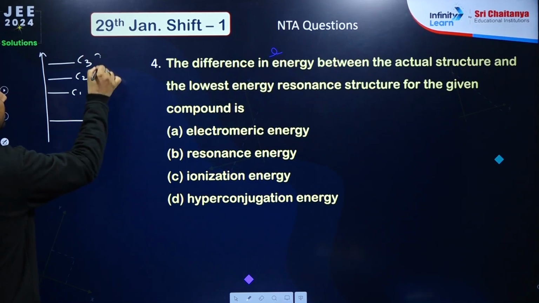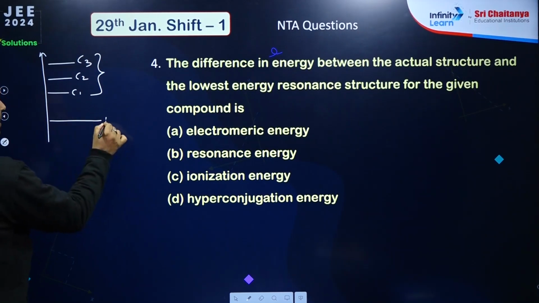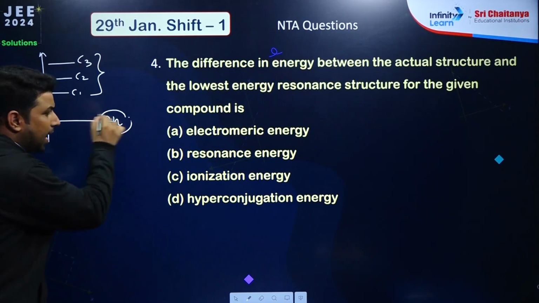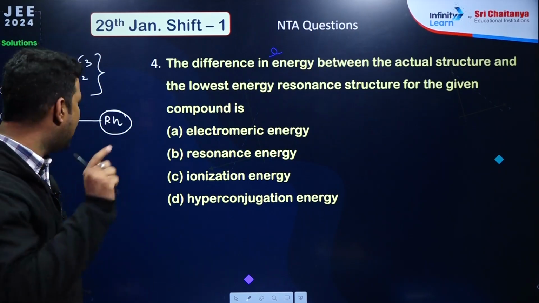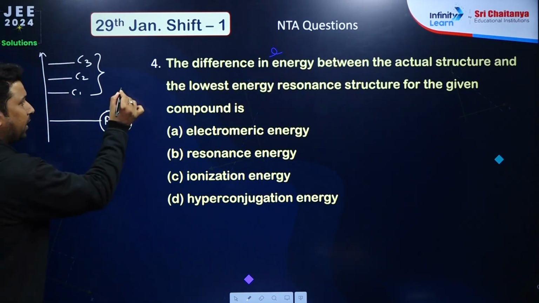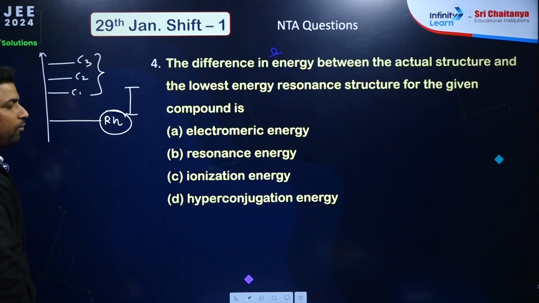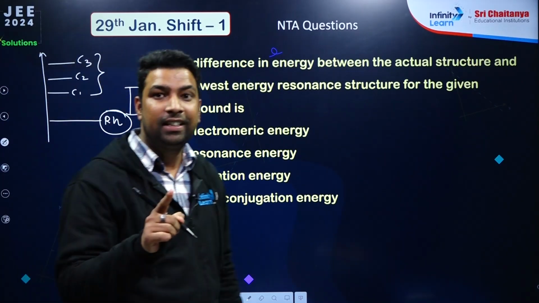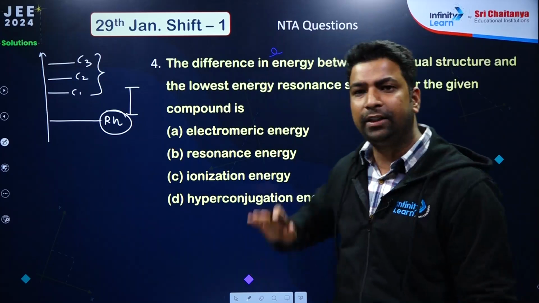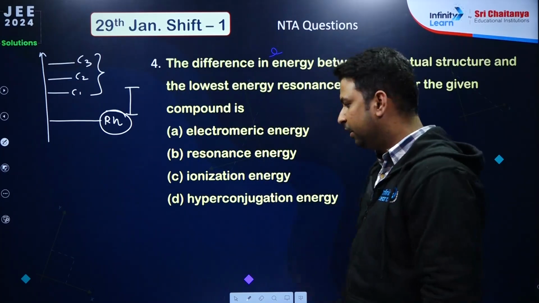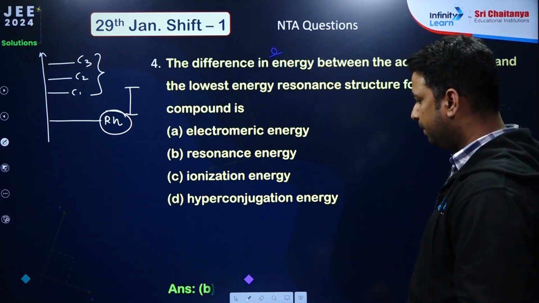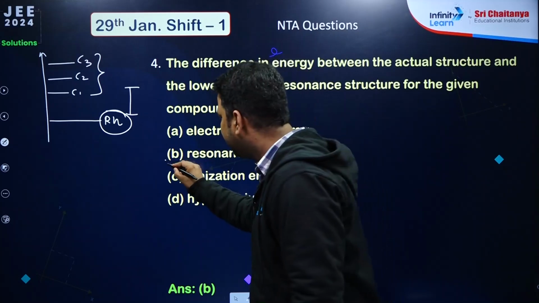Suppose a molecule has 3 canonical forms and this is the resonance hybrid. The resonance hybrid has the lowest energy, and the energy difference between it and the most stable canonical form is called resonance energy. This question was based on the definition of resonance energy. So what would be the answer? Answer will be B, that is resonance energy.